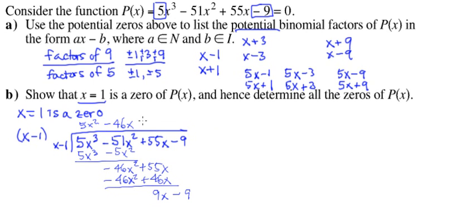X goes into 9x 9 times. 9 times x is 9x. 9 times negative 1 is negative 9. Hooray, no remainder. So, taking out x minus 1, that's what we divided out here, has left us with 5x squared minus 46x plus 9.